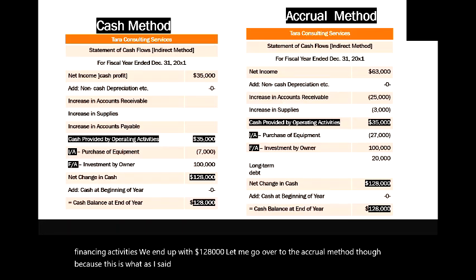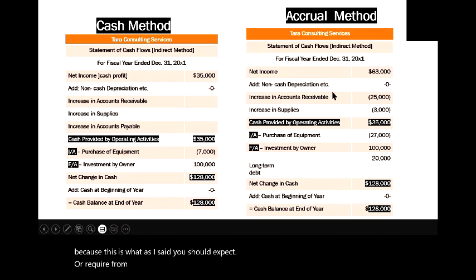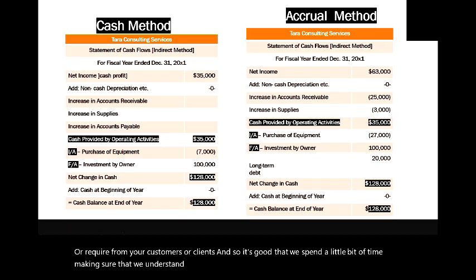or require from your customers or clients. And so it's good that we spend a little bit of time making sure that we understand exactly what the report contains. Like the other two reports, we are summarizing. What are we summarizing?